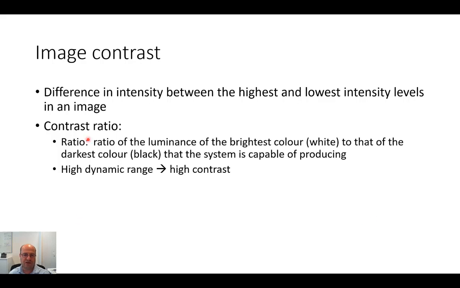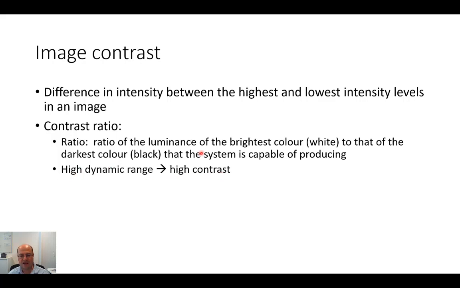Image contrast is the difference in intensity between the highest and lowest intensity level of an image. And another concept is the contrast ratio, the ratio of luminance of the brightest color, usually white, to that of the darkest color, black, that the system is capable of producing. So if you hear that this camera has a high dynamic range, it just means that it has a high contrast.